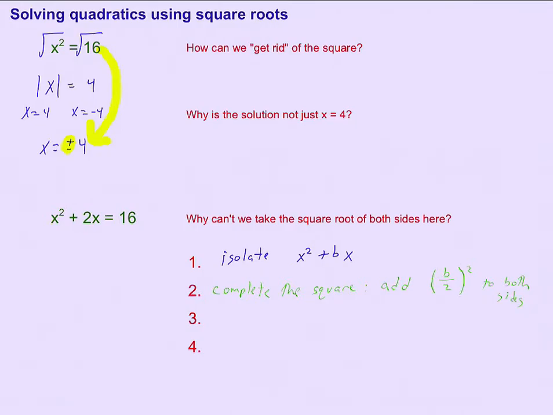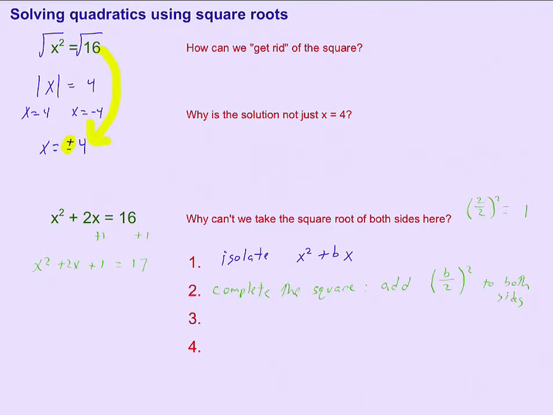Well, this b is 2, so I'm going to add 2 over 2 squared. And usually you'll be able to do it in your head. If you need to write it down on the side, that's fine. 2 over 2 is 1, and 1 squared is 1. So I'm going to add 1 to both sides to get x squared plus 2x plus 1 equals 17.